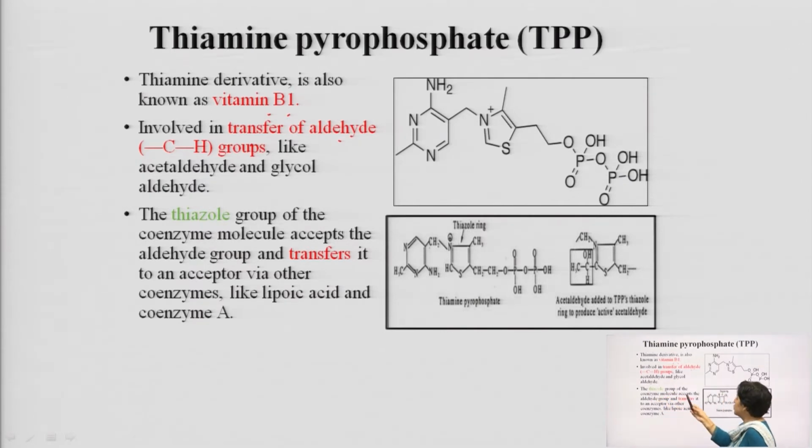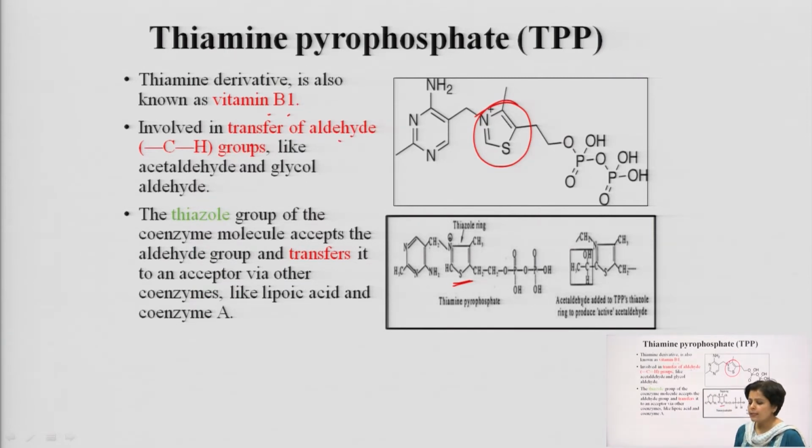The thiazole group of the coenzyme molecule accepts the aldehyde group and transfers it to an acceptor via other coenzymes like lipoic acid and coenzyme A, right.